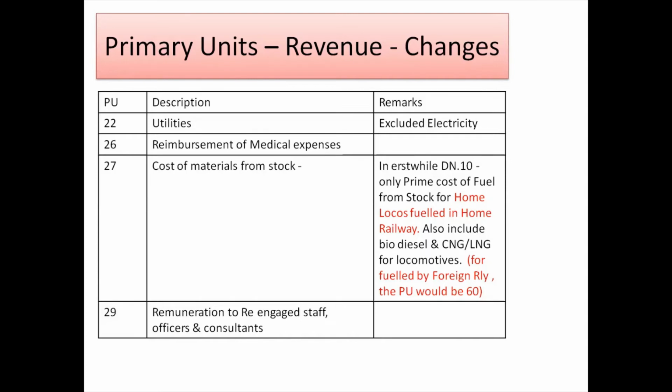Suppose an employee undergoes treatment outside the railway hospital, in a private hospital, he can claim reimbursement. PU 27 is the cost of material from stock, any material drawn from the depot. And 29 is the remuneration paid to consultants or re-engaged staff and officers.